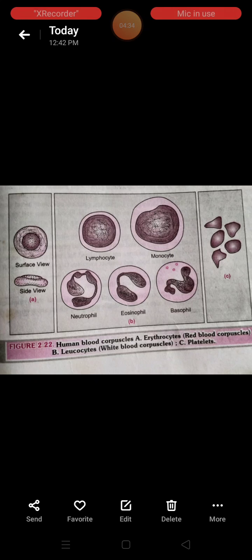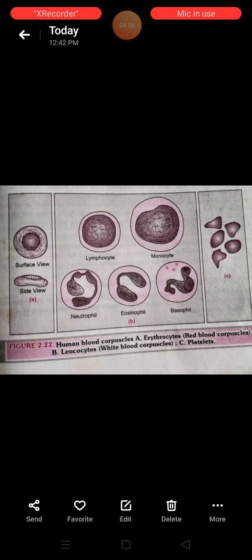Finally, what is the function of blood? Blood plasma serves the function of transport of nutrients, carbon dioxide, waste products, hormones, and balances the pH and body temperature inside the body.